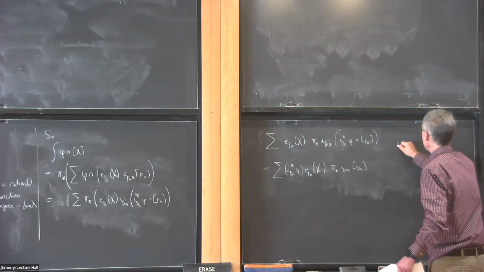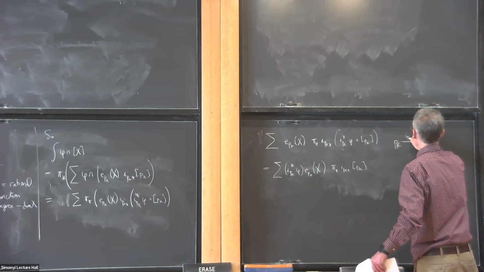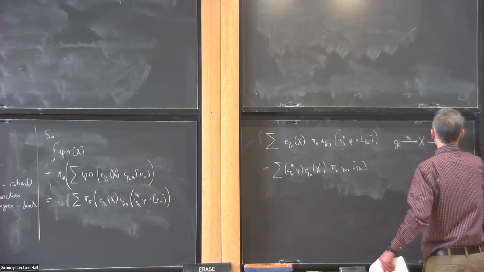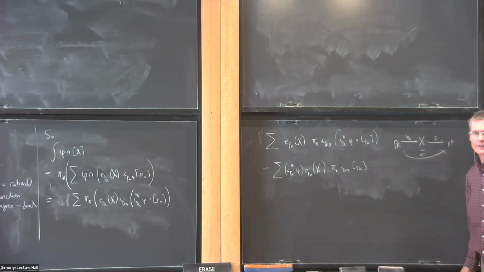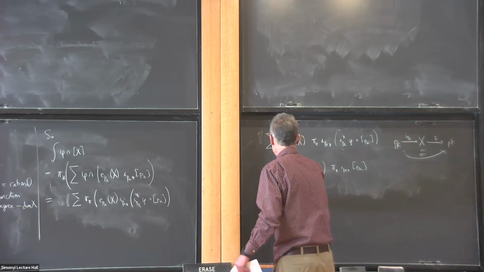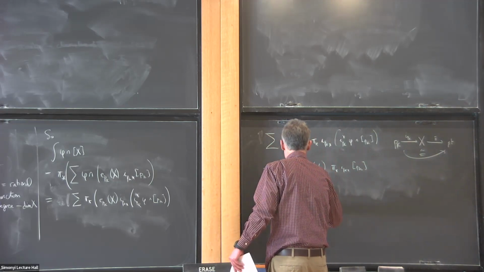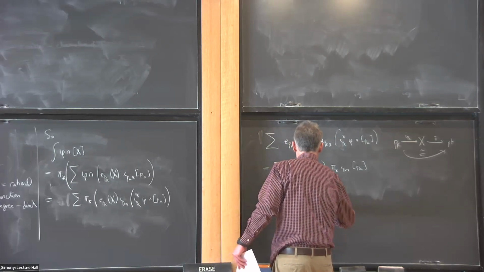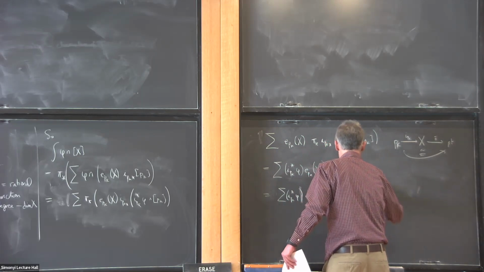Now what is this? We have pk going via i_pk into x, and then this is just going via pi into a point. That's just an isomorphism. So this is just the sum of i_pk star of phi times e_pk of x times the class of points.